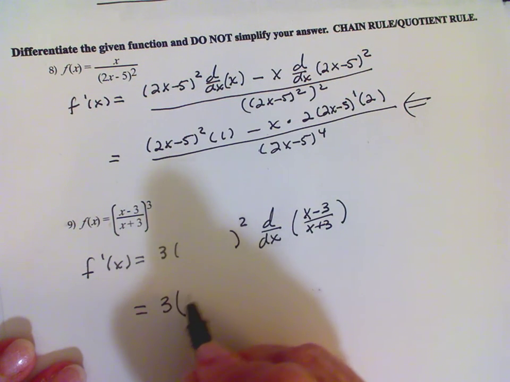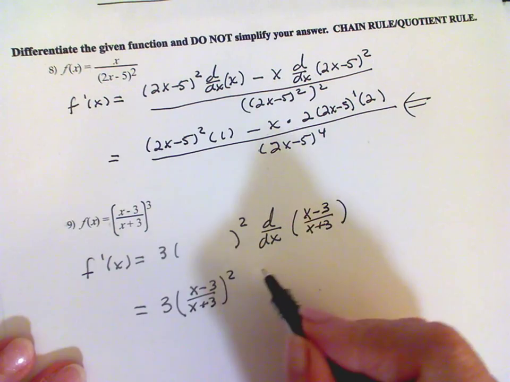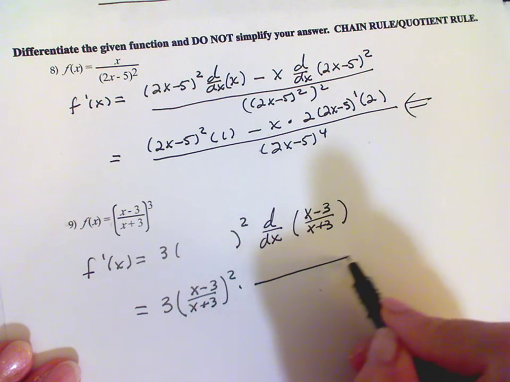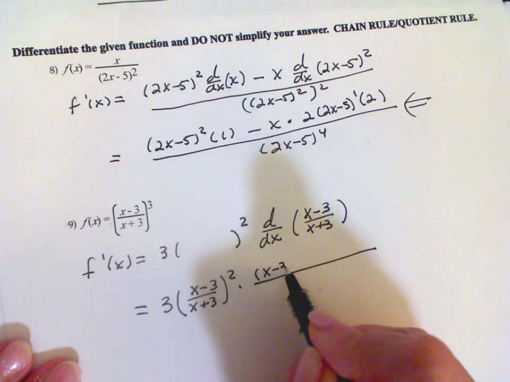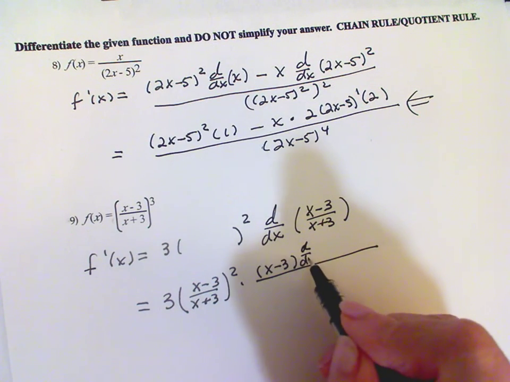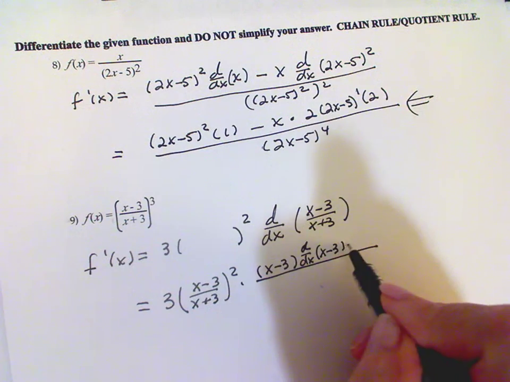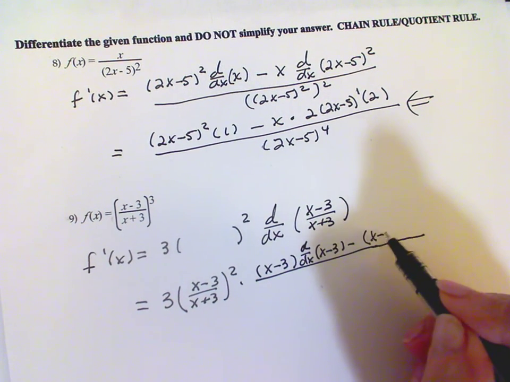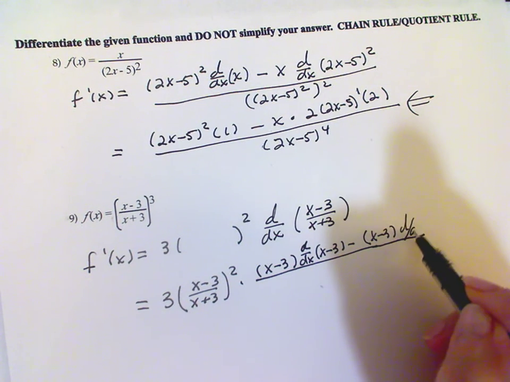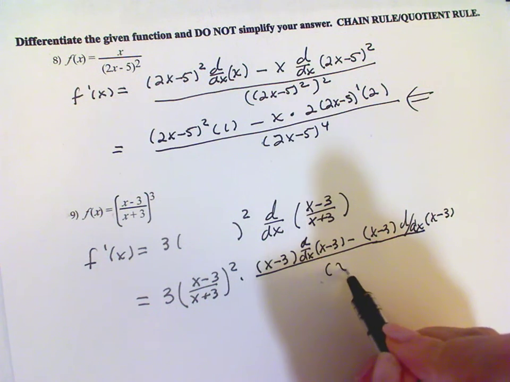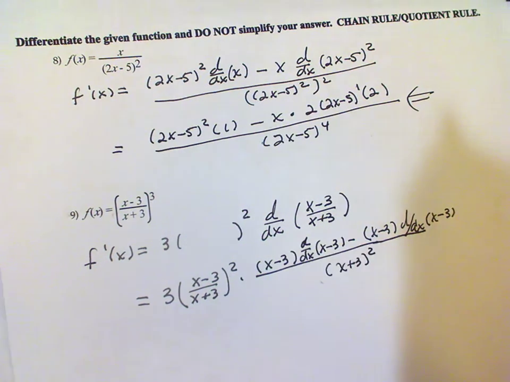So it's 3 times x minus 3 over x plus 3 squared times the derivative of the blob, which is: bring the denominator up times the derivative of the numerator minus the numerator times the derivative of the denominator, all over the denominator squared.